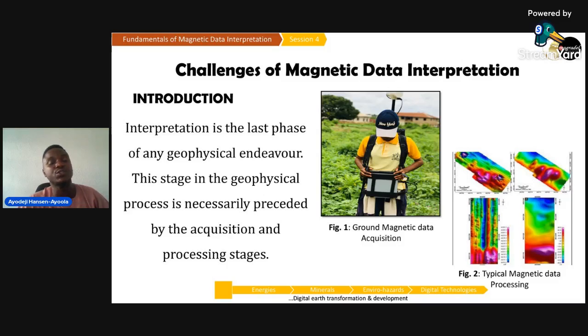It is very essential to mention here that the way acquisition is set up is quite important if we are going to have successful interpretation, and then the processing techniques that we work with also have a lot to do with what we can achieve during the stage of interpretation. It's always important that one works with the objectives in mind when setting up the acquisition, and then when applying processing techniques.